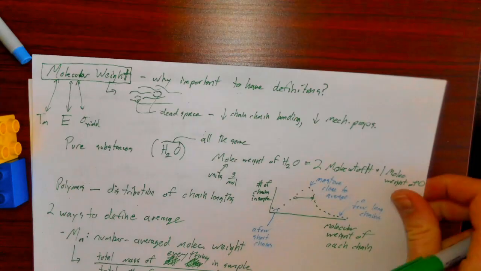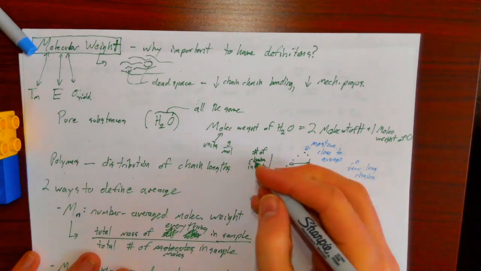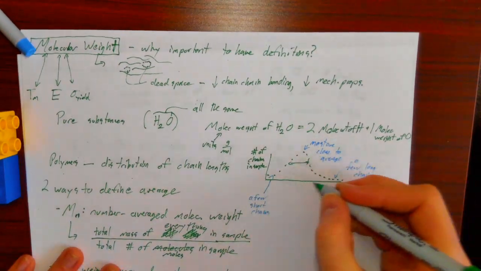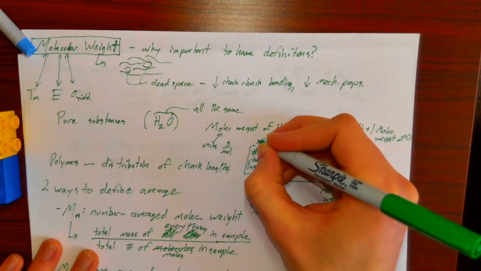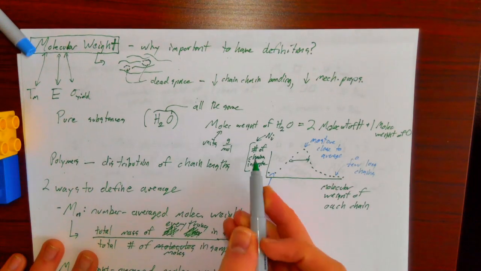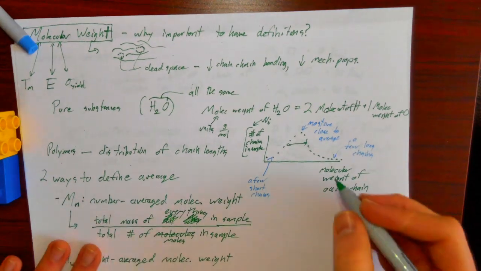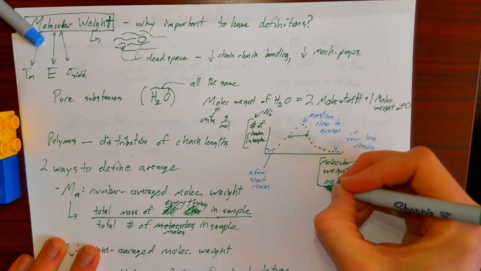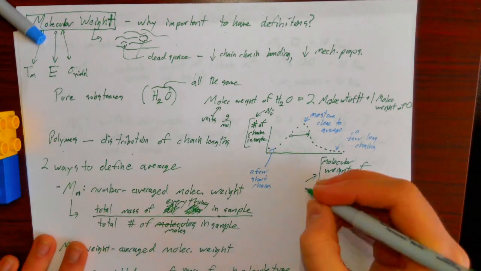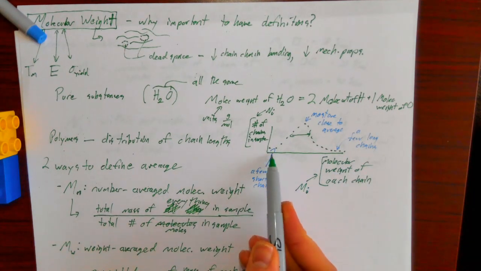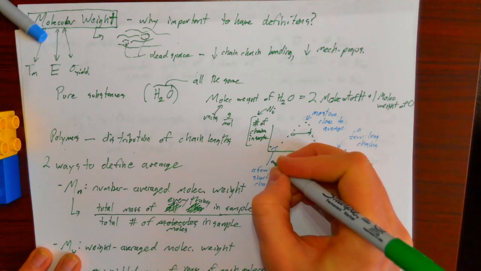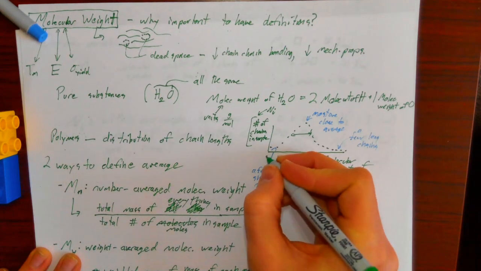So in a sense, if you imagine this is like a histogram for distributions of chain lengths, what I plotted on the y-axis is N sub I for this particular sample. And what I'm putting on the x-axis is M sub I. When M sub I is small, I'm talking about just a few short chains.